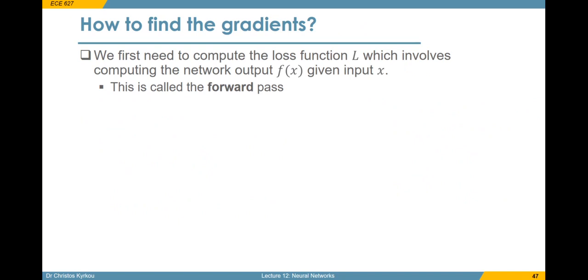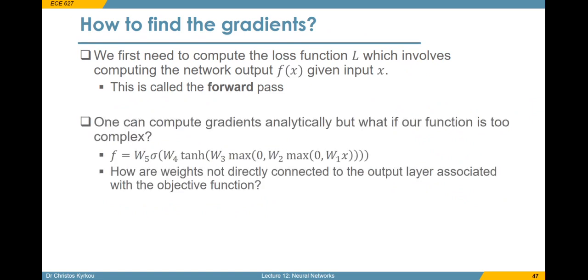To find the derivative of the loss with respect to the weight, first we have to compute what is called the forward pass. That is, we forward the input through the network and we get the output of the network, and then we can compute the actual loss function. But once we compute it, how do we update the weights?